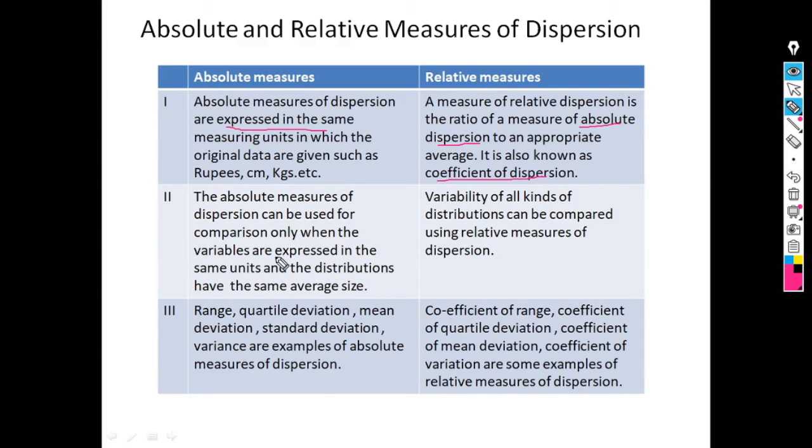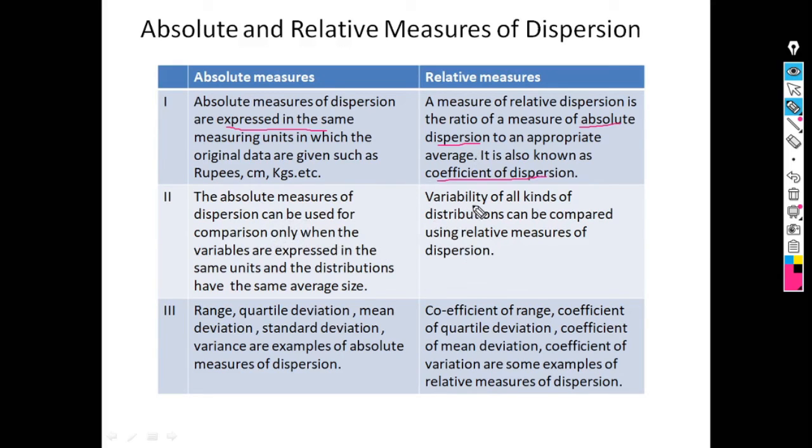For example, if there are two data sets which give the height of persons, or both give the weight of persons, then only can we compare those two data. Otherwise we cannot compare them.